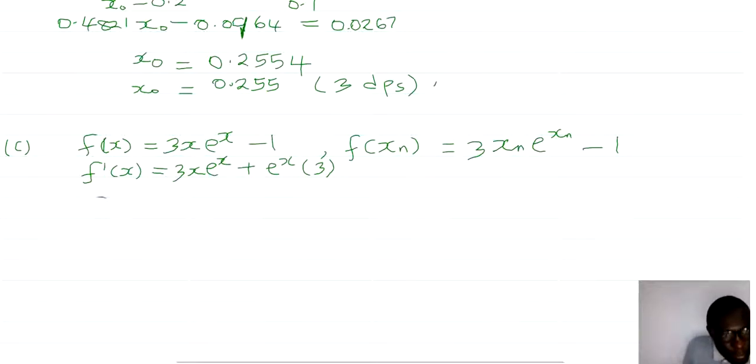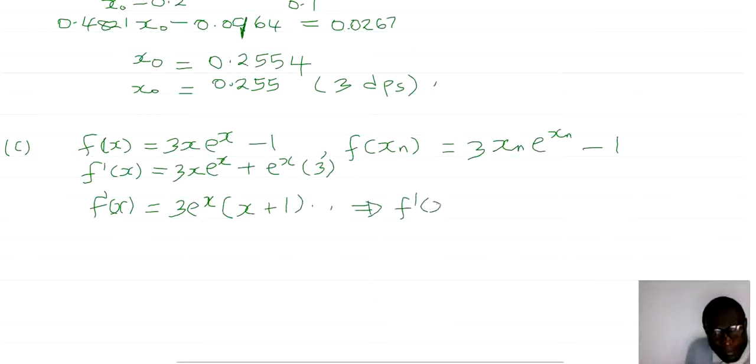Let me pull out the common factor here. So we have f derivative x is equal to, common factor in both of these terms is 3 exponential x. 3 exponential x out into bracket. Here will remain with the x plus here will remain with 1. So this will lead us to f derivative xn, which is equal to, where there is x here, we are going to replace there xn.